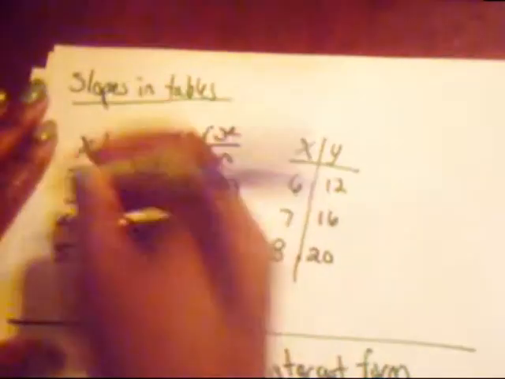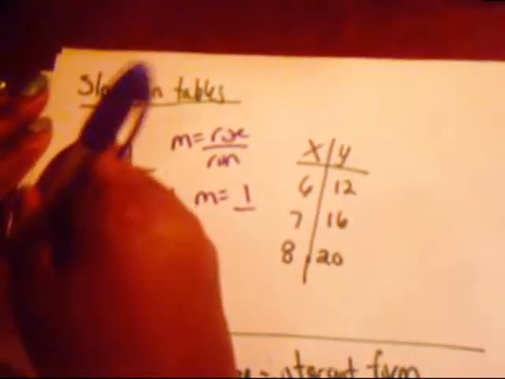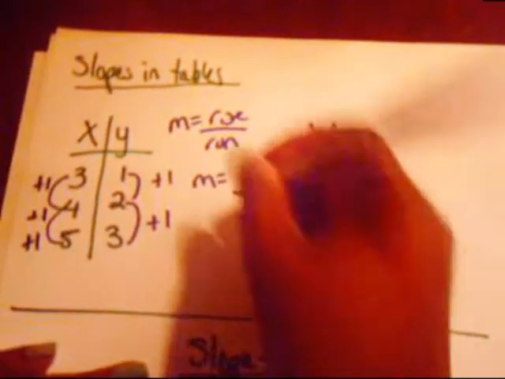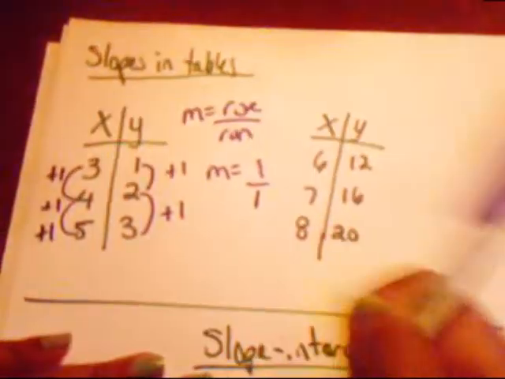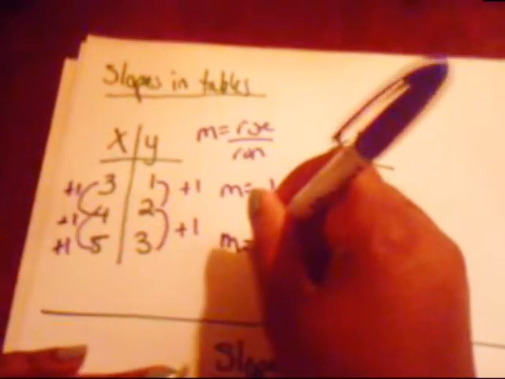Then you would look at the run part, 3, 4, 5. That's also increasing each term by 1. So even the run part is +1. If you can simplify your fraction, you want to make sure that you do. And so 1 over 1 would be positive 1.